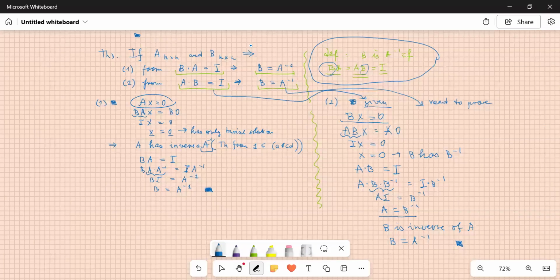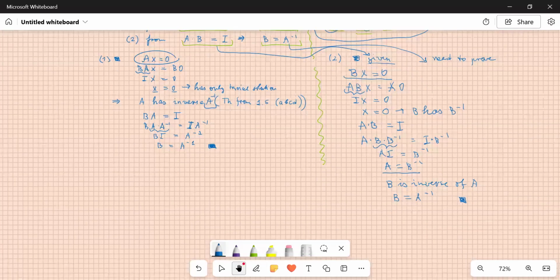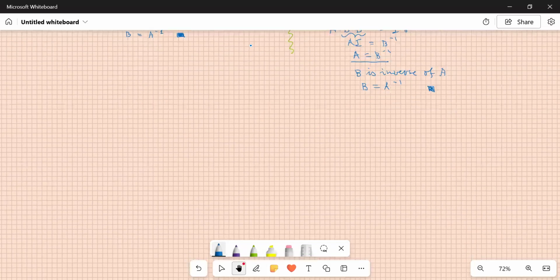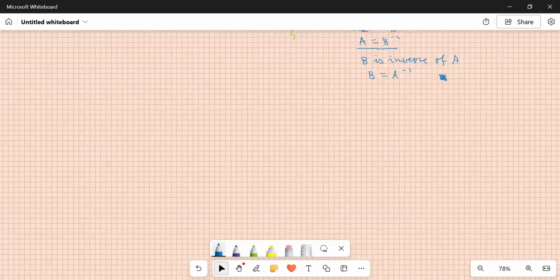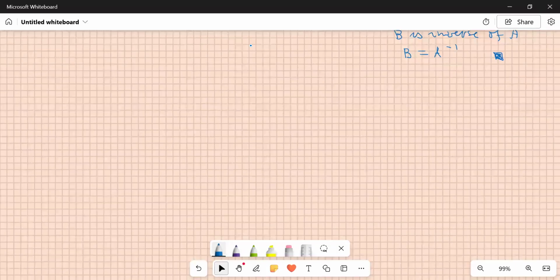Okay. And guys, I have the last theorem about inverses, and that's going to be theorem number 4. Need to scroll this up. Oh, my squares are becoming smaller, smaller, and smaller.